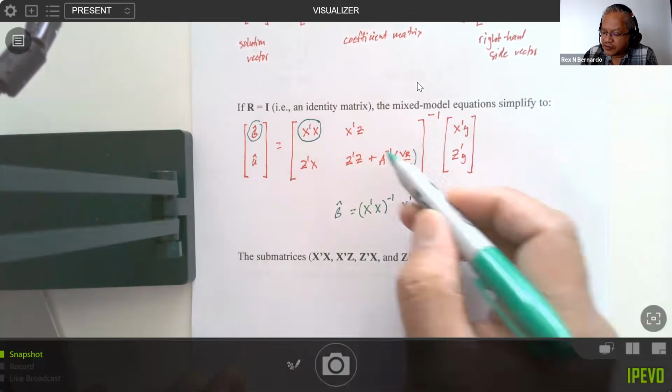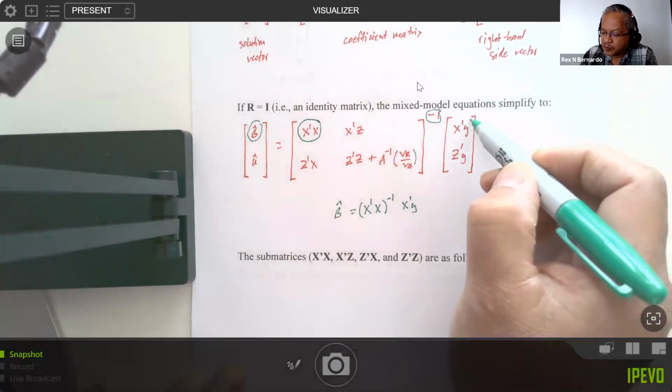And then I take the inverse of that and I have my X prime Y.